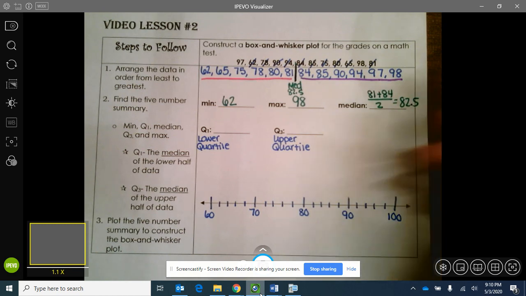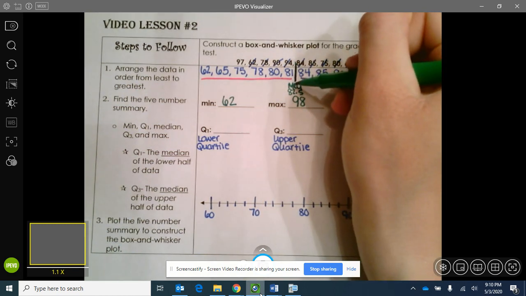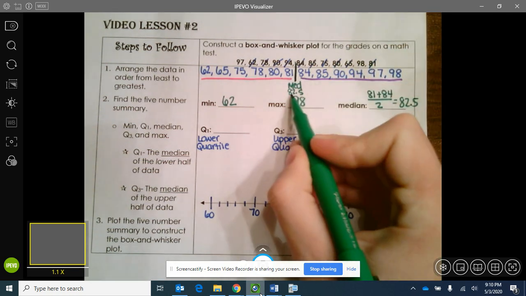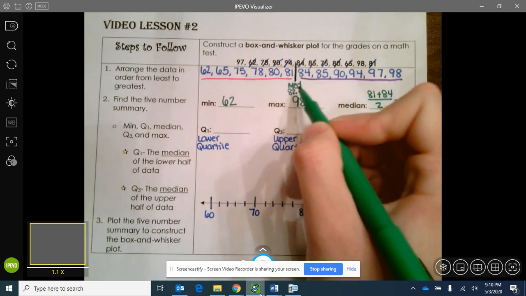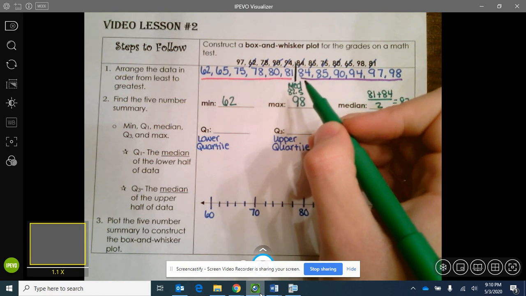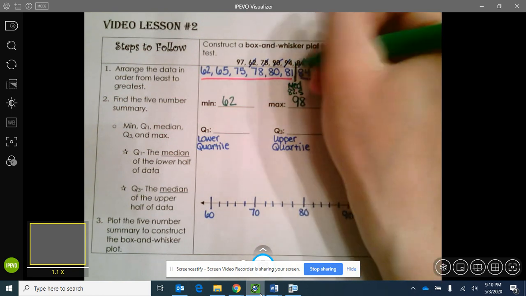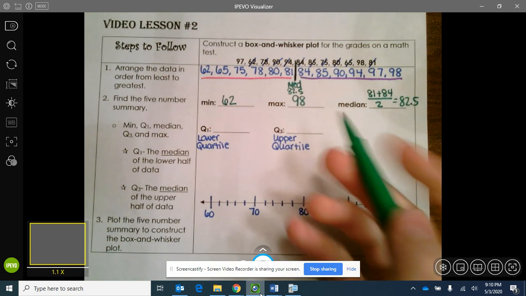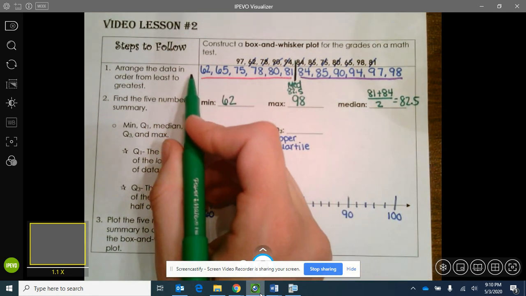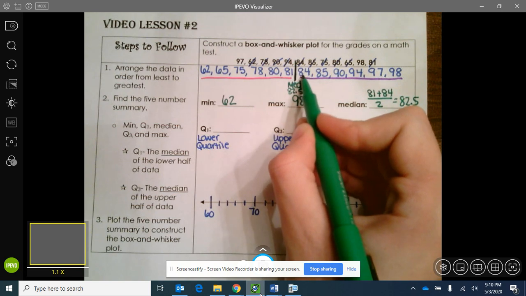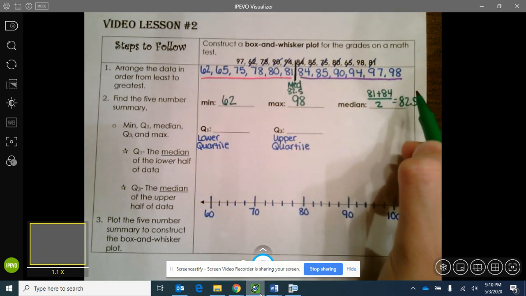Now, in this example, my median is not one of the actual data values. So my median is right between 81 and 84, so it's 82.5, but 82.5 is not one of my data values. Because this is my dividing line, that means that 81 is going to go with the lower half of the data, and the number 84 is going to go with the upper half of the data. So this is a little bit different than the last example that we did.